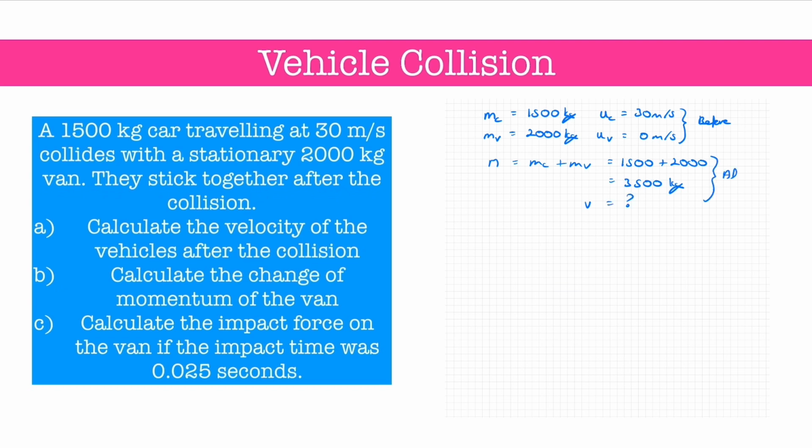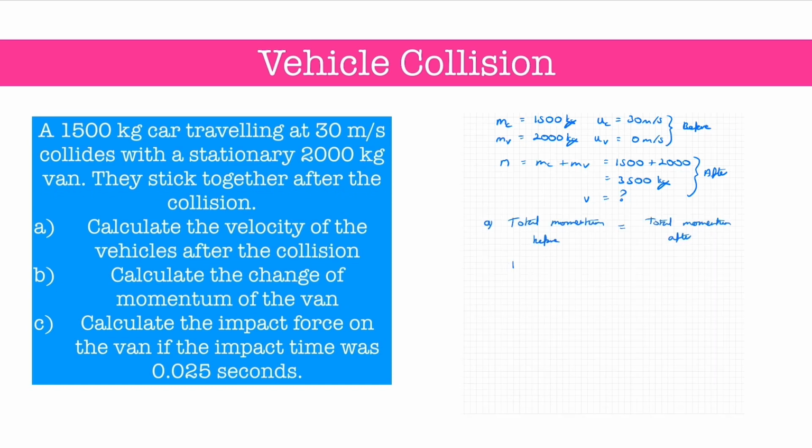So we're going to use conservation of momentum. Now make sure you write this out, it's always worth marks, just saying that you're using that and what it is. So the momentum before is the mass multiplied by the velocity of each vehicle. You do this separately and then add them together. So in total, we get a momentum of 45,000 kilogram metres per second. This is the same after the collision and also equal to the mass of the vehicles multiplied by their velocity together.